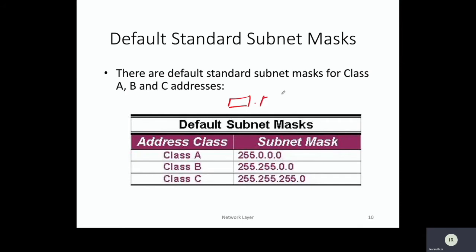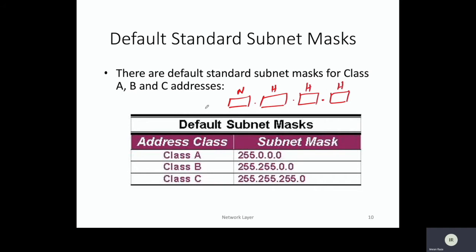We know that there are 4 octets. If I talk about class A, we know that the first octet represents the network portion, and the remaining octets represent the host portion.